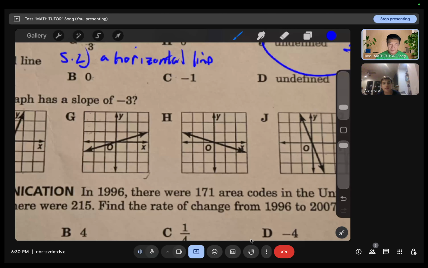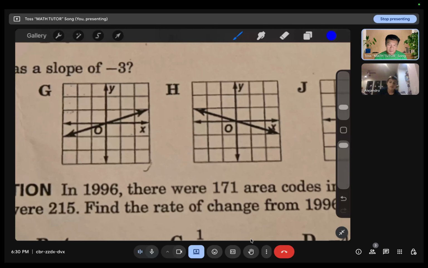Okay, so let me go again here. How do you come up with the 6 again? How do you come up with the 2? I want to ask you how you got those numbers again, one more time.